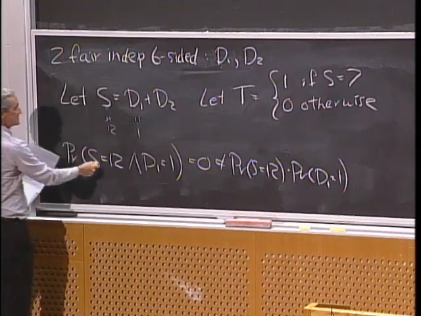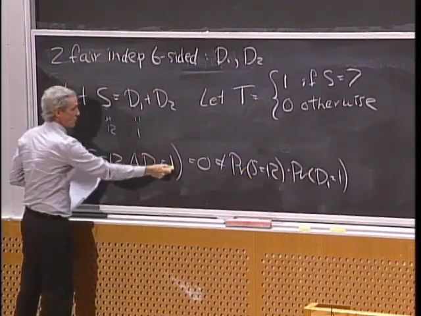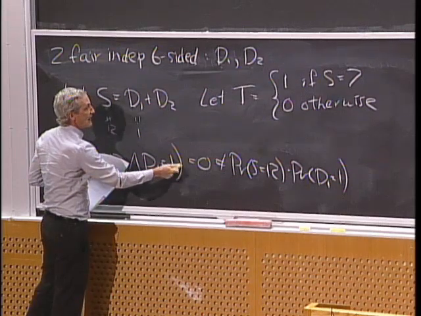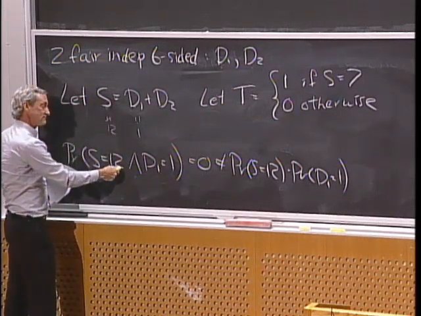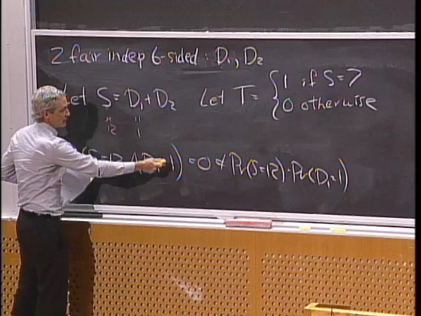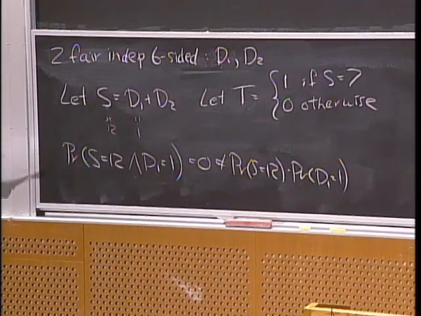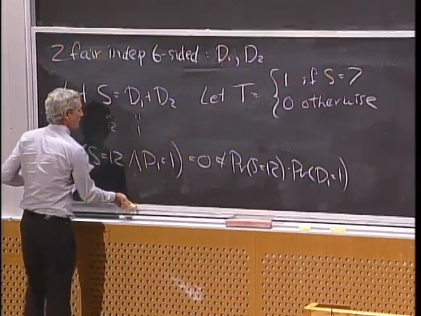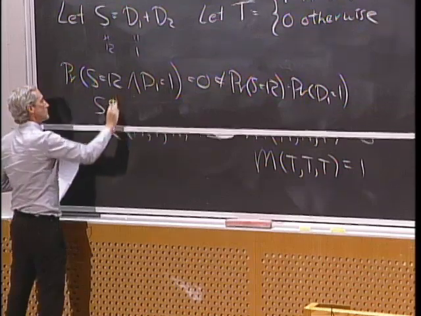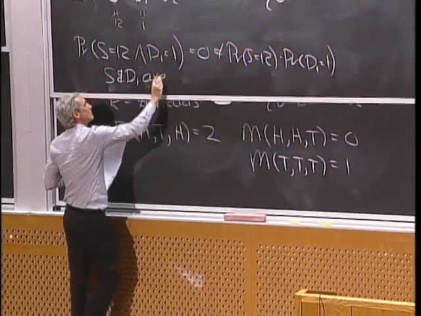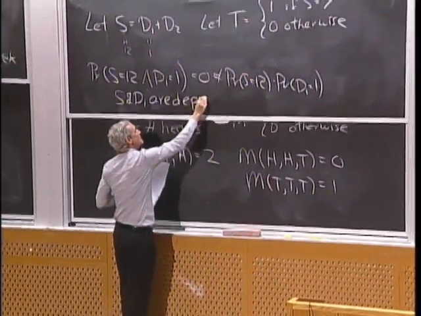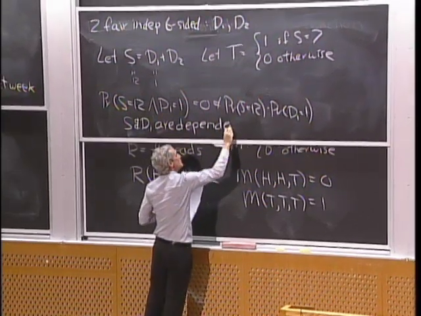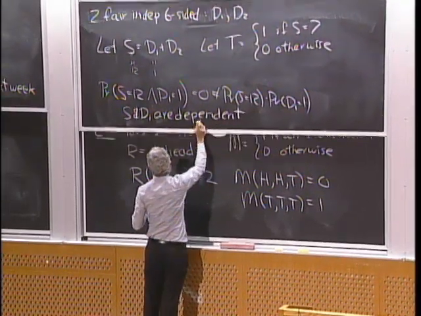The probability that S equals 12 given the first die is 1 is not equal to the probability S equals 12. And in fact, the probability the first die is 1 is not 0. So either definition, of course, works to show that they are dependent. So S and D1 are dependent. All you need is one pair of values to show dependence. That's usually easy to do.